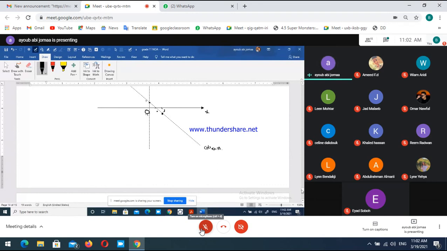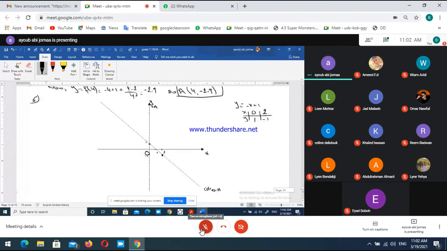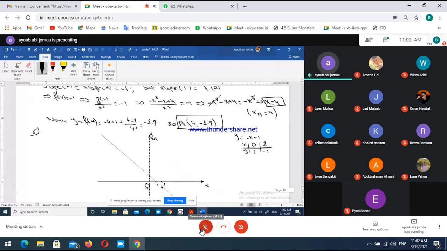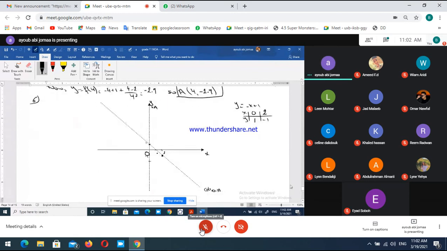Okay, we have point A that has coordinates (4, negative 2.9), so it will be somewhere here.